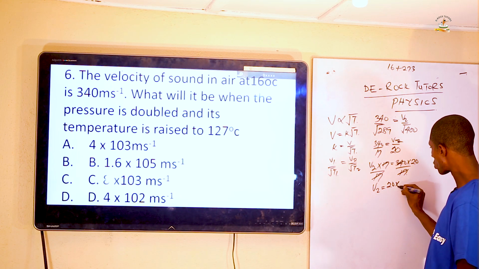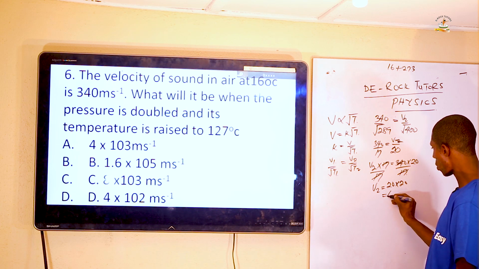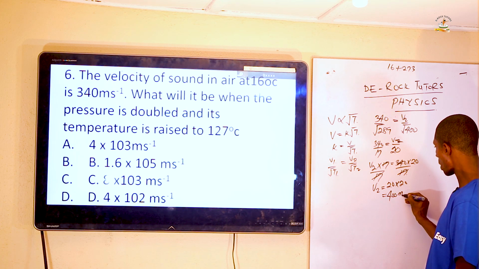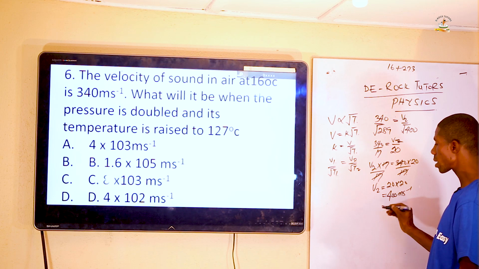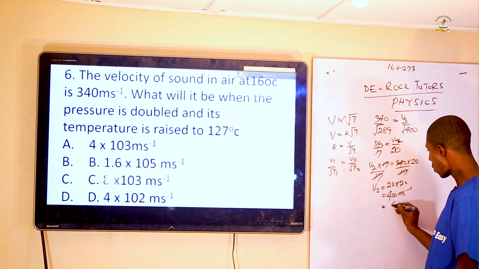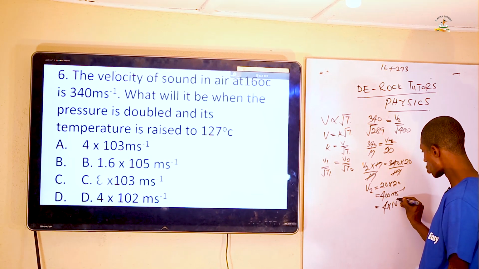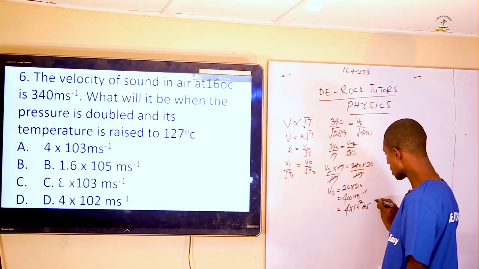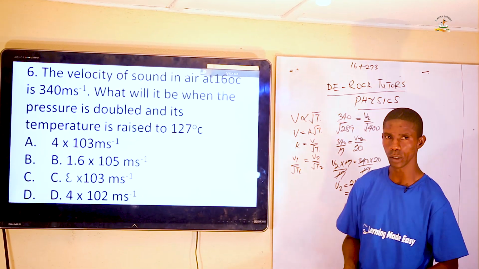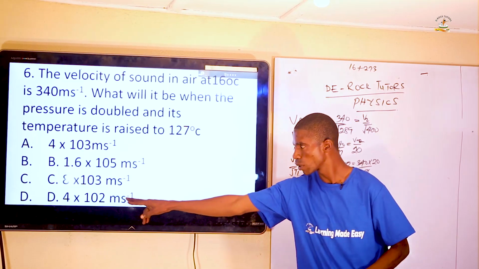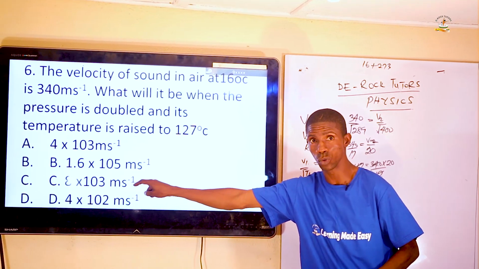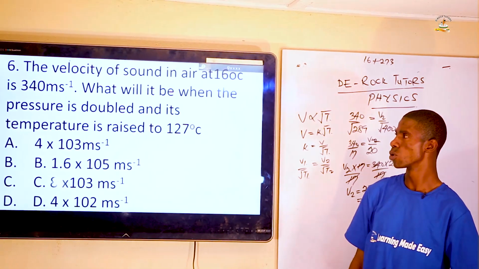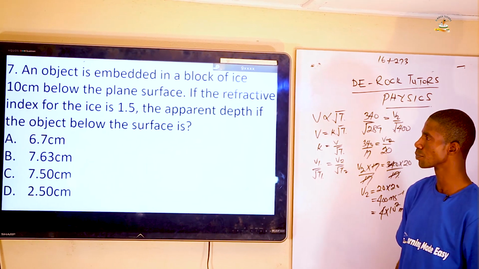So 20 multiplied by 20 will give me 400 meters per second. If I want to make it standard form, I will have 4 multiplied by 10 raised to the power 2 meters per second. So we look at option D there, 4 multiplied by 10 raised to the power 2. So we go to the next question, question number 7.